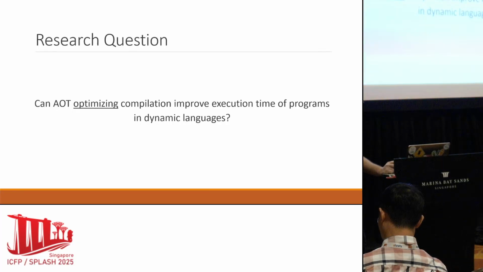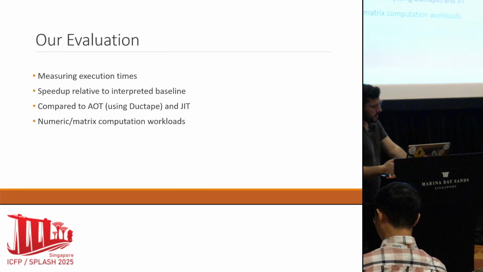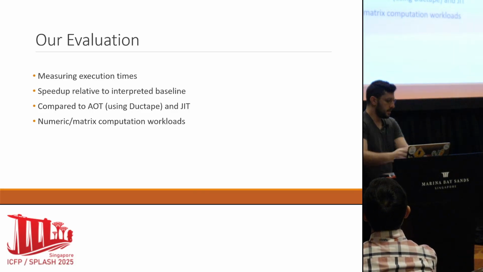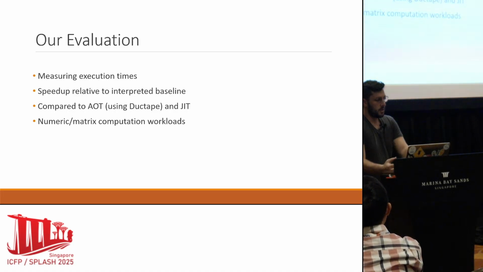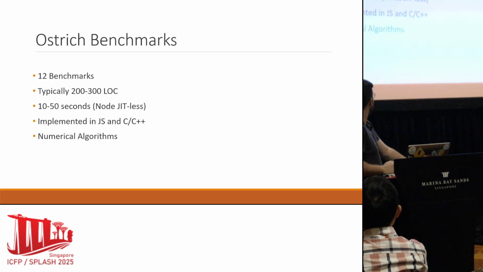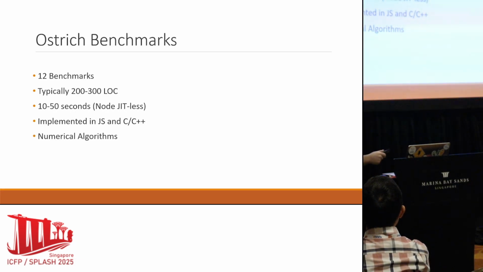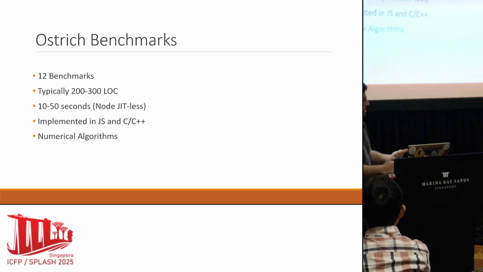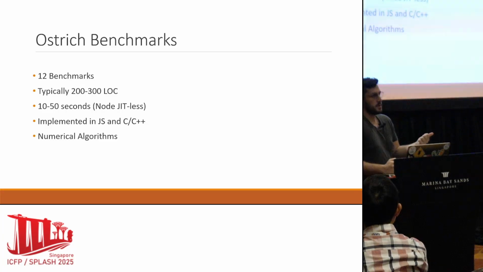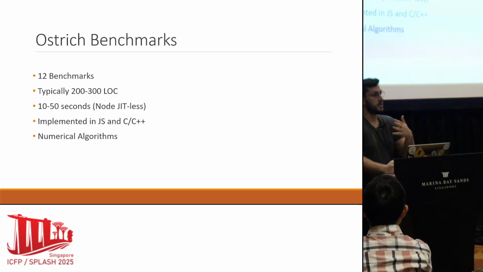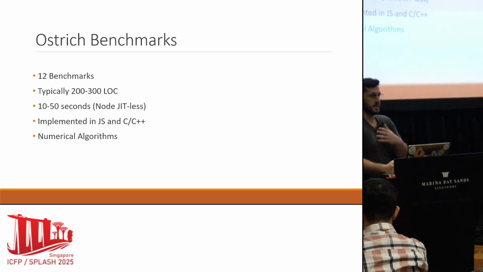So for our empirical evaluation, we measured execution times of some TypeScript programs. We use the Ostrich benchmarks. What we really liked about this benchmark suite is that it had implementations in TypeScript, or JavaScript for that matter, and also handwritten alternative implementations in C or C++.